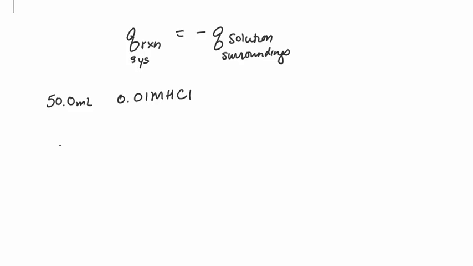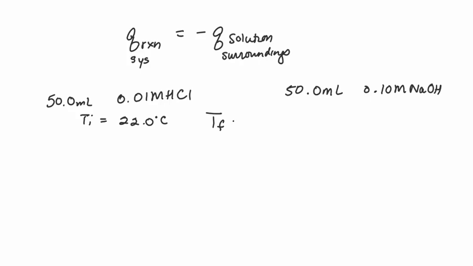And here we're going to show an acid-base neutralization. So I have 50 milliliters of a 0.01 capital M molar HCl, and I have 50 milliliters of a 0.10 molar NaOH. And my Ti is 22.0 degrees Celsius for both of my solutions. We put that in a calorimeter, and that reaches a final temperature of 28.9 degrees Celsius. What's the heat produced by this reaction?